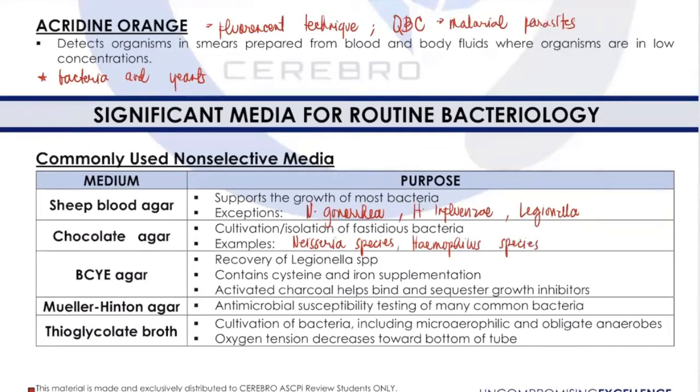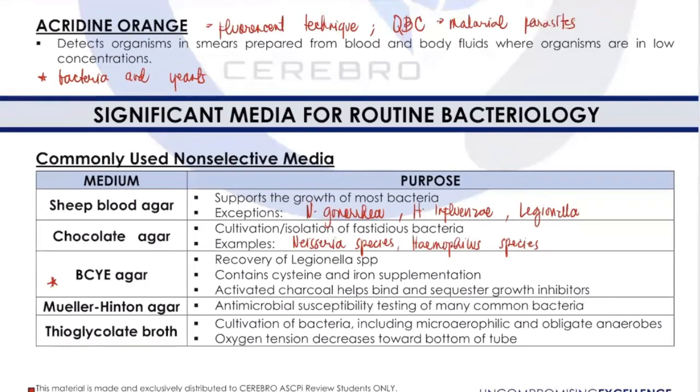But take note, chocolate agar does not support the growth of Legionella because we have a specific agar for Legionella, and that is your BCYE, buffered charcoal yeast extract. Okay? This has come out in the exam. This one contains cysteine and iron supplementation, which is needed for the growth of Legionella species. It also contains activated charcoal, which helps bind and sequester growth inhibitors that might be present in the media.